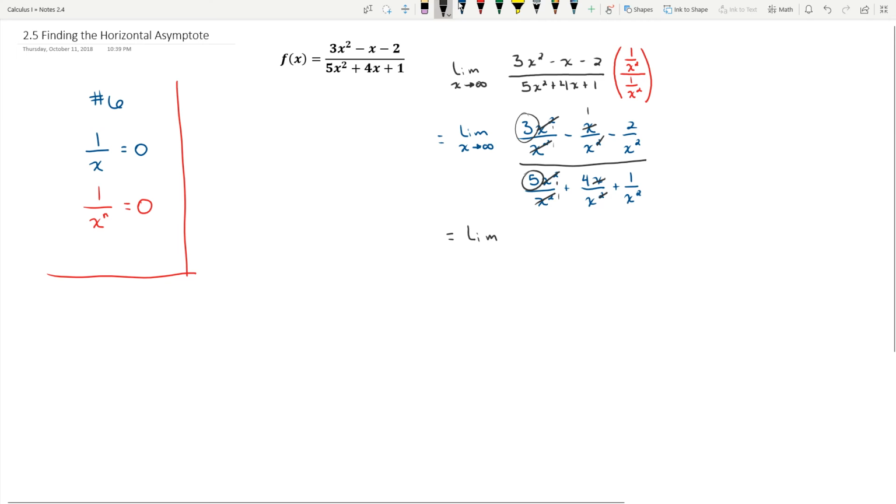So we're still finding the limit as x approaches infinity, and we have found that we have 3 minus 1 divided by x minus 2 divided by x squared, over 5 plus 4 divided by x plus 1 divided by x squared.